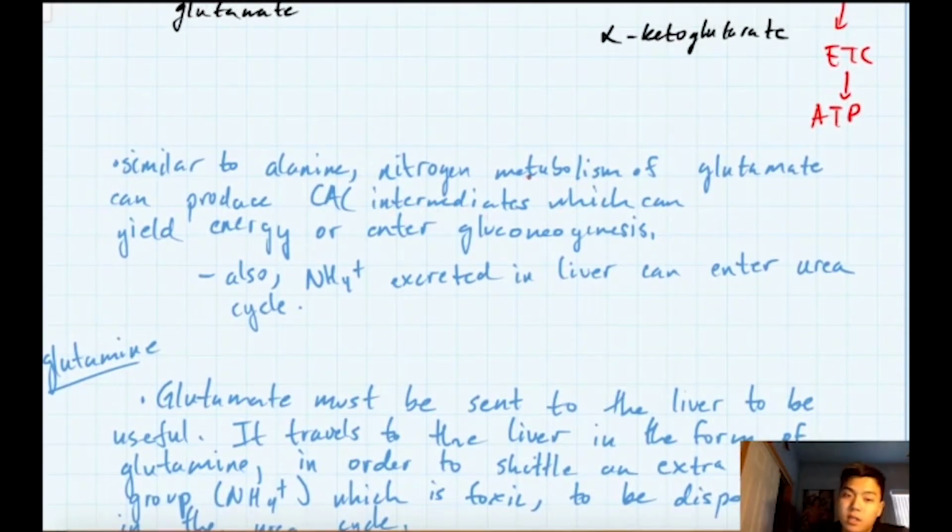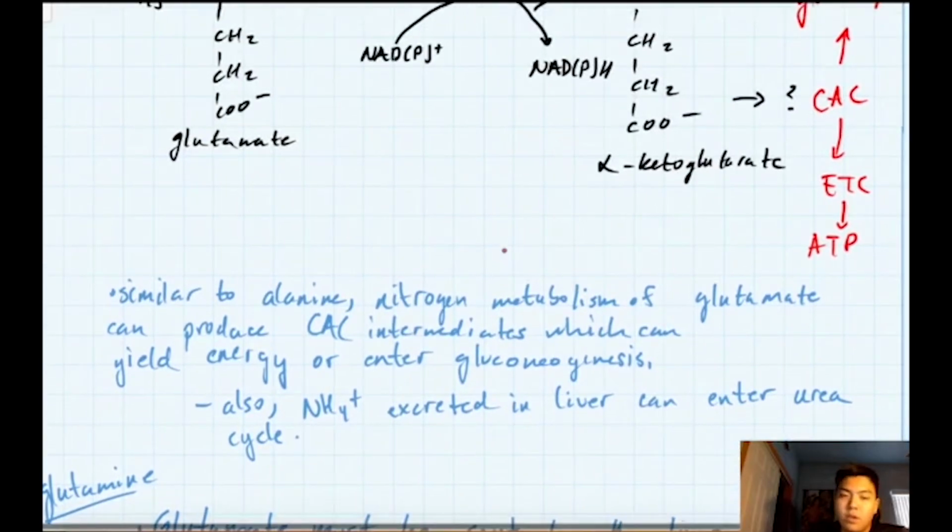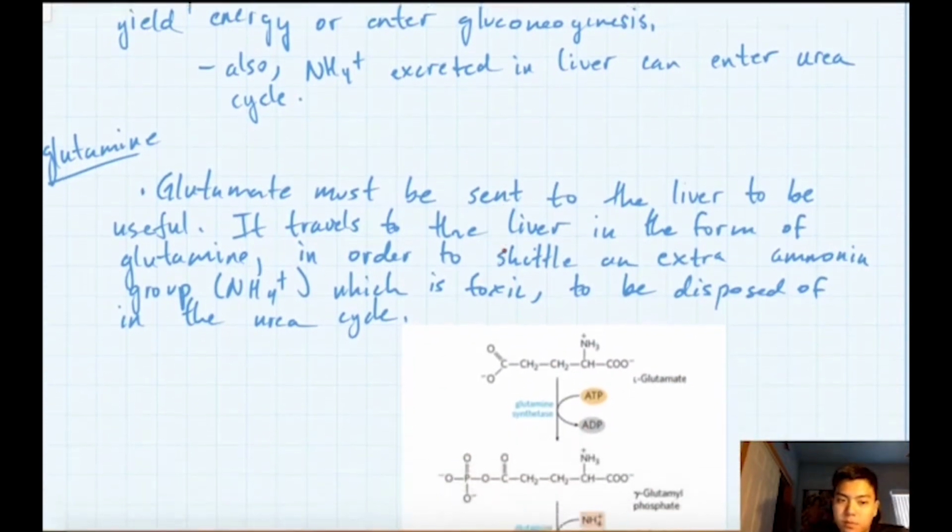So similar to alanine, nitrogen metabolism of glutamate can produce Krebs cycle intermediates, which can yield energy or enter gluconeogenesis. Also, right, ammonium ion is excreted in the liver and can enter the urea cycle. So we've mentioned that multiple times already, right?